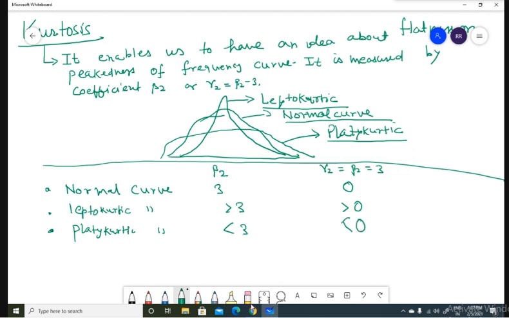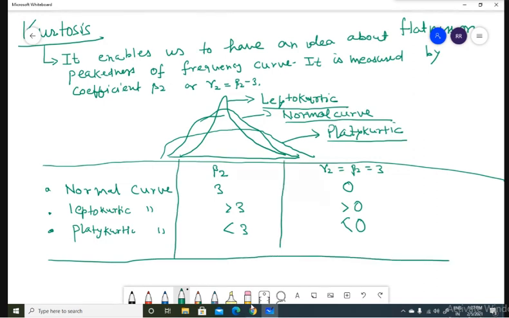So you should remember this table, the values of beta 2 and gamma 2. Okay, so this was all about kurtosis.